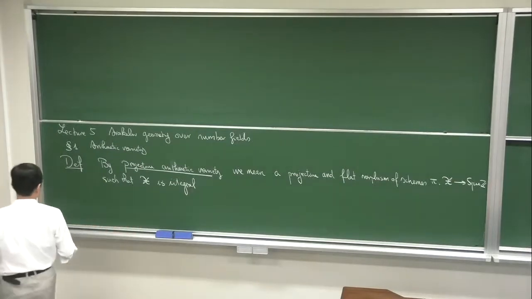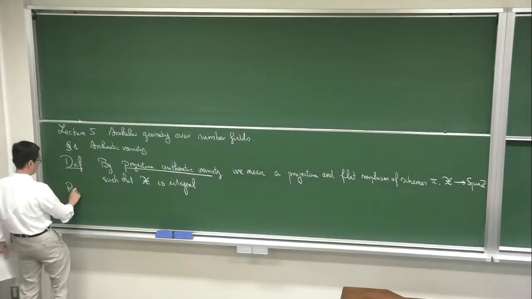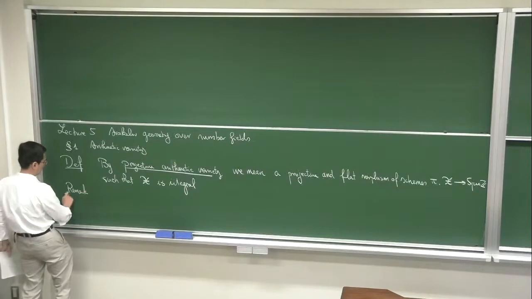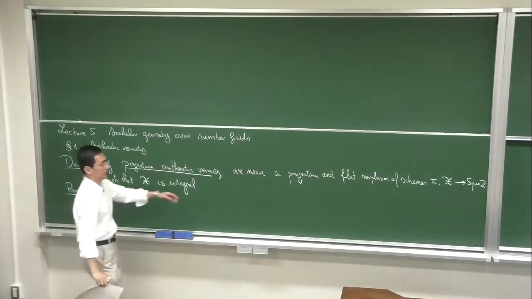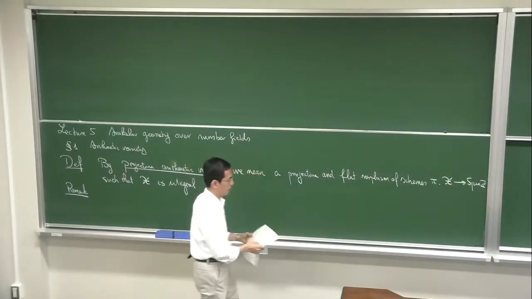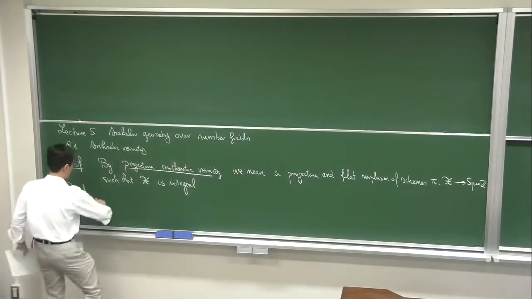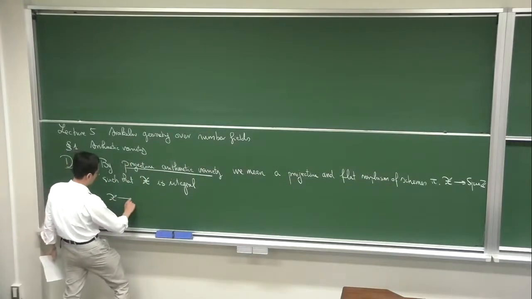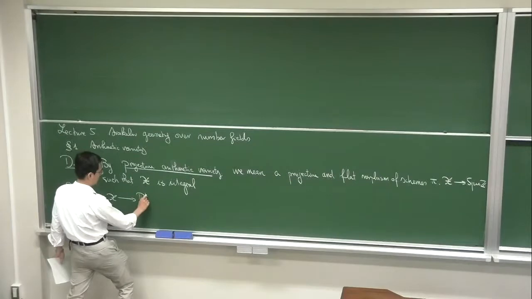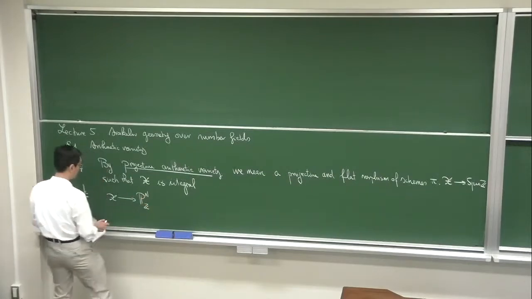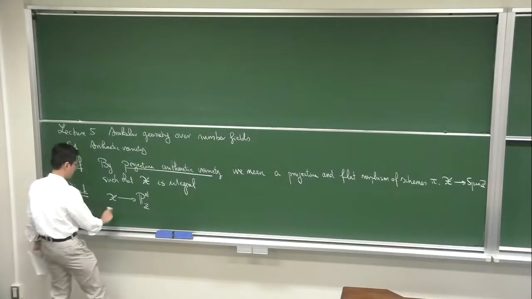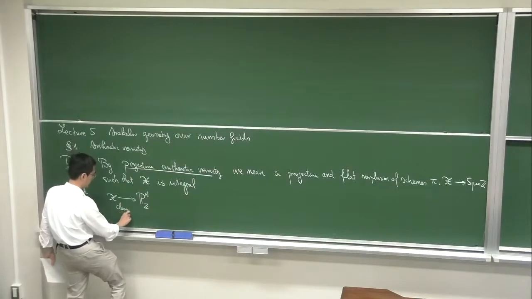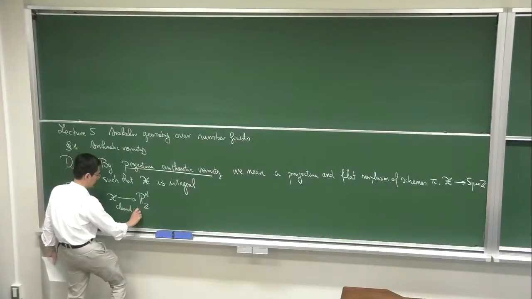So why is such a thing interesting? For example, here you consider some projective scheme, so you can always embed X into some P^n over Z as a closed subscheme.